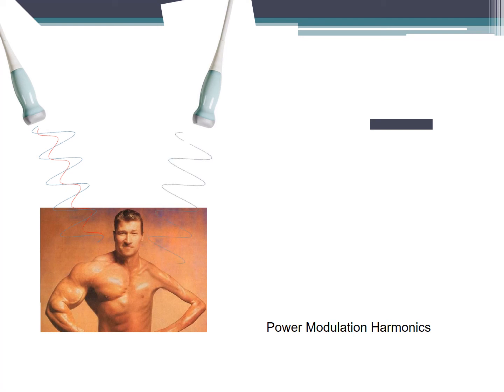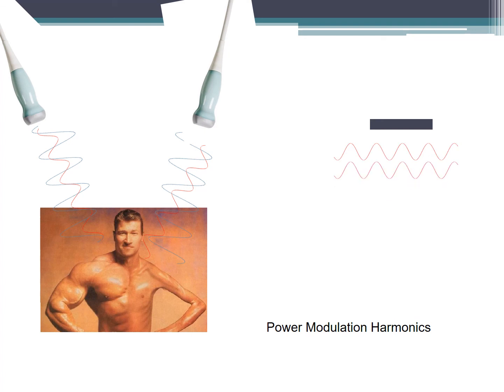As those sound beams come back, the very strong sound beam is going to come back along with the harmonics, and the weaker one is also going to come back to the transducer. What the machine will do then is take that weaker one, which happens to be half as strong as the strong beam, and double it.